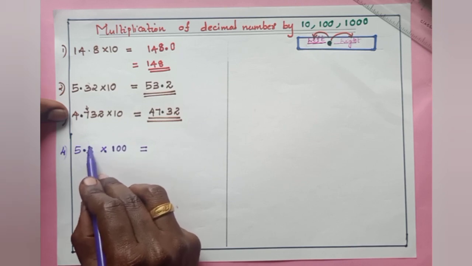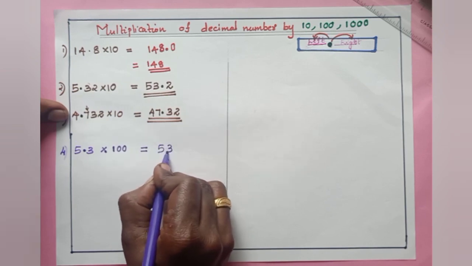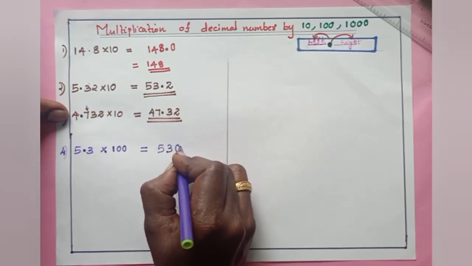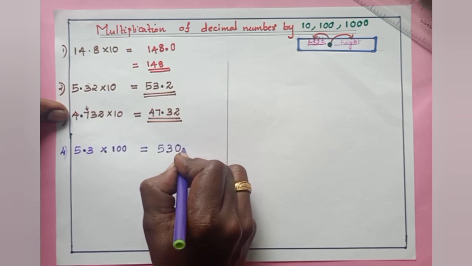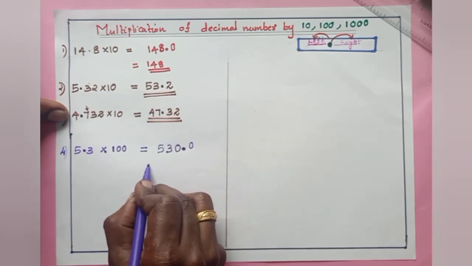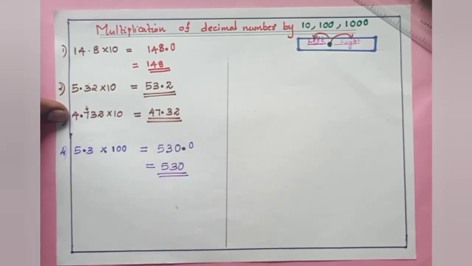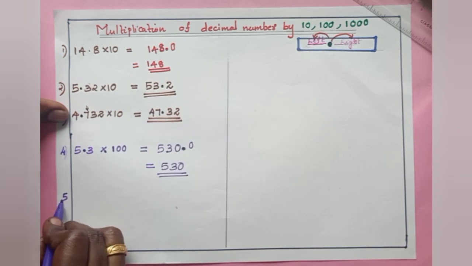Here only one number is there, so we need one more number. Put 0. Then put point 0. That is equal to 530, answer. Okay.